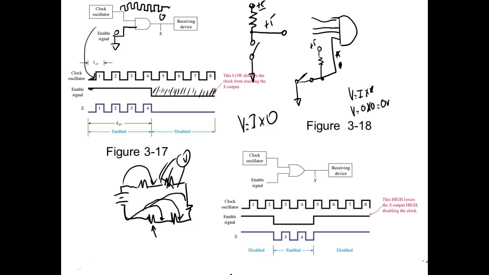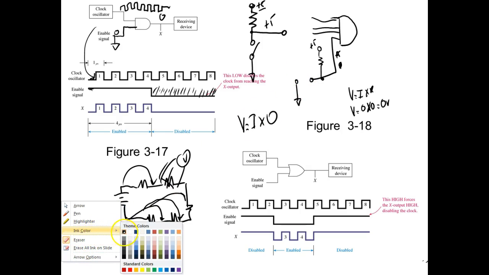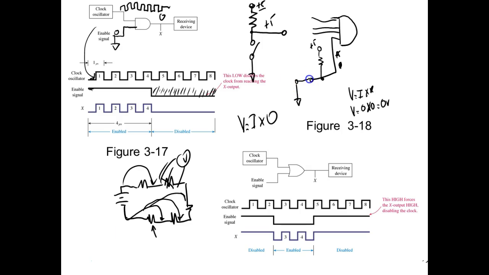So what we're saying is that if I bring this input right here to a 0, then it don't make any difference. So if I come over here and close this switch, what would the output of this AND gate be?